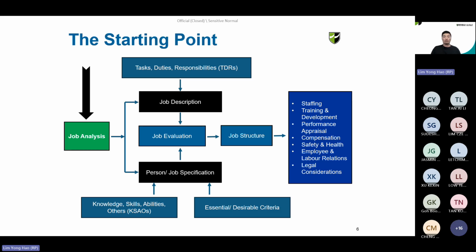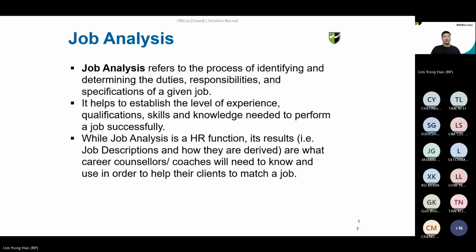We'll focus only on parts of it, right? Primarily at the start, a bit on job analysis, and we cover some of the key things in the job description, job specification, ASAOs, and then a bit of job structure. So this is really from the perspective of a company. As I mentioned earlier on, it's the process of identifying, as the first step, the duties, responsibilities, and tasks.